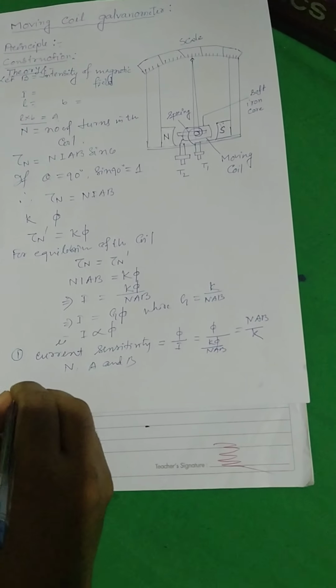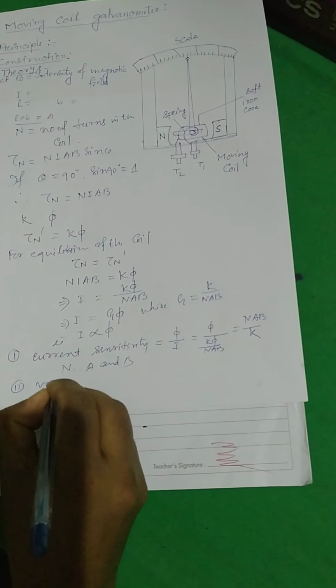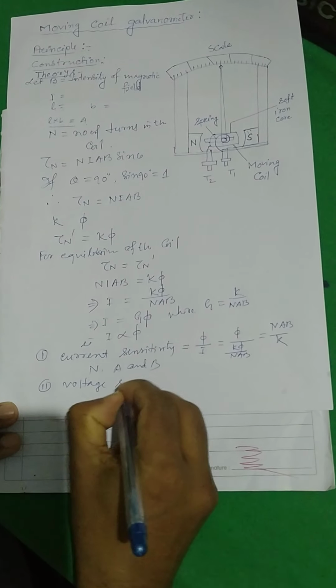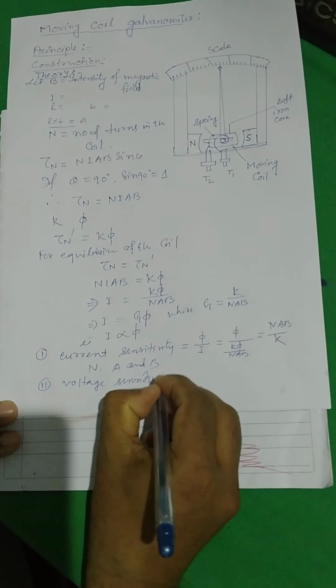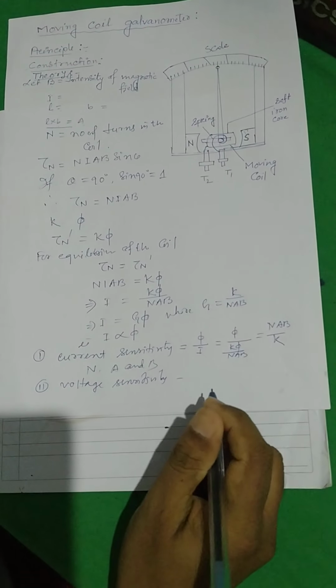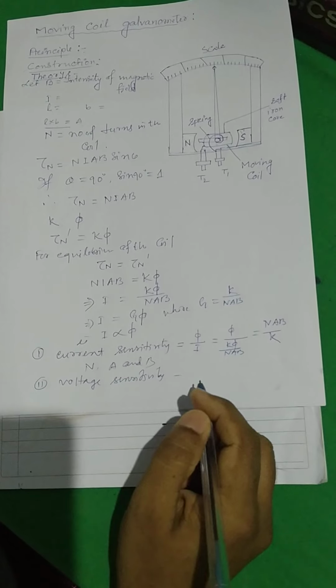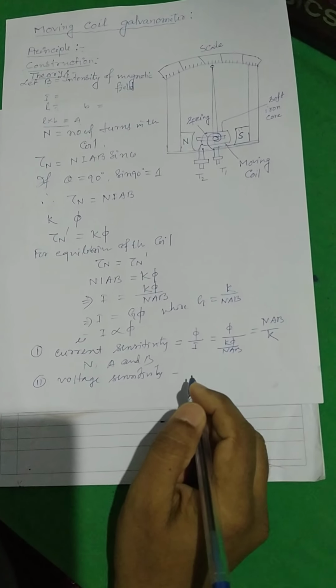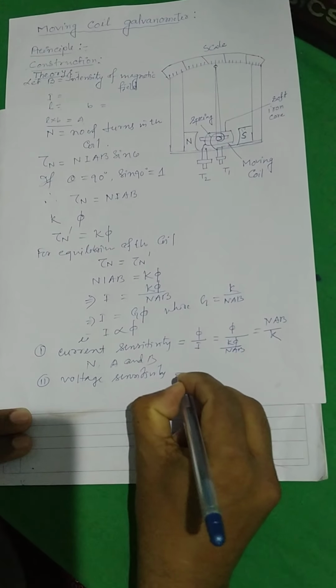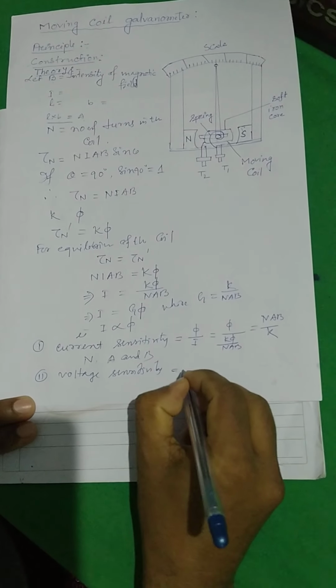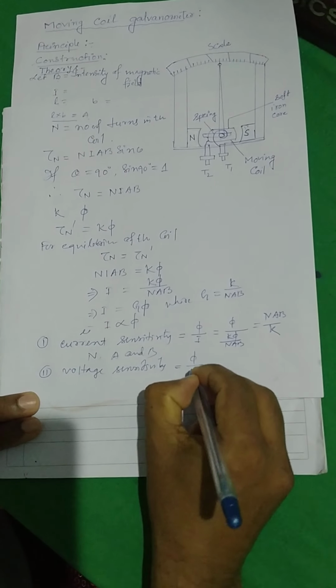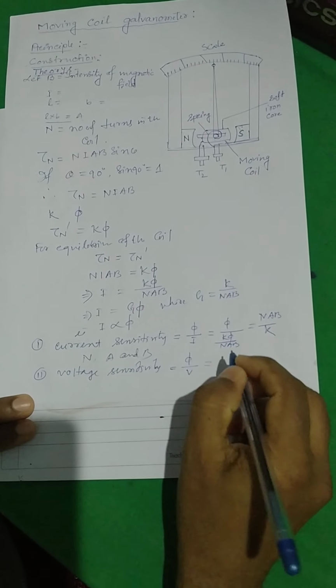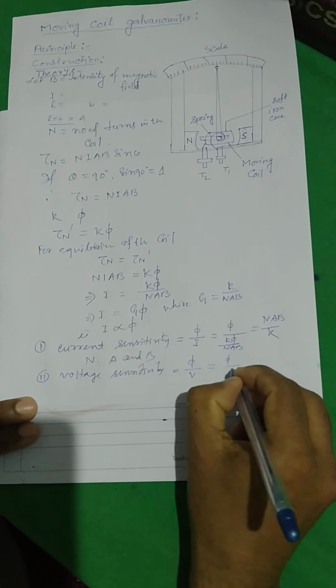And number two, voltage sensitivity. It is also defined as the deflection produced in the galvanometer per unit voltage applied to it. So voltage sensitivity equals phi by V, where V equals IR.